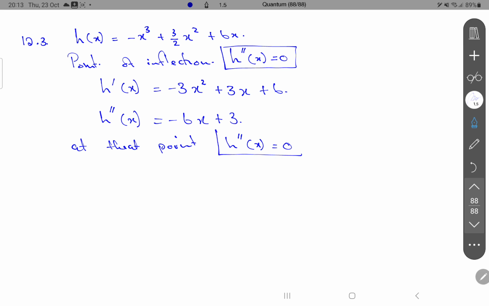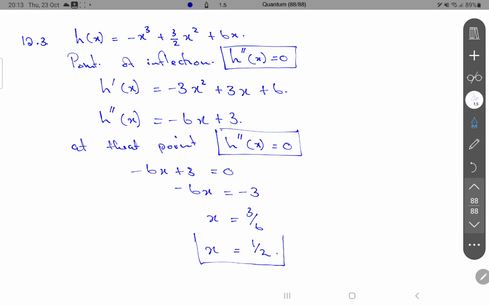So the condition: negative 6x plus 3 is 0. So negative 6x is equal to negative 3. So x is 3 over 6. x is equal to a half. That is our point of inflection.